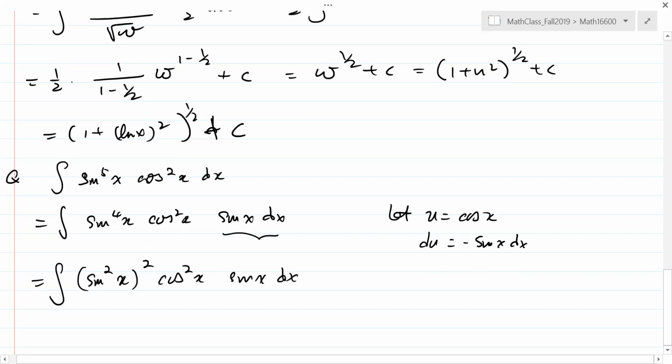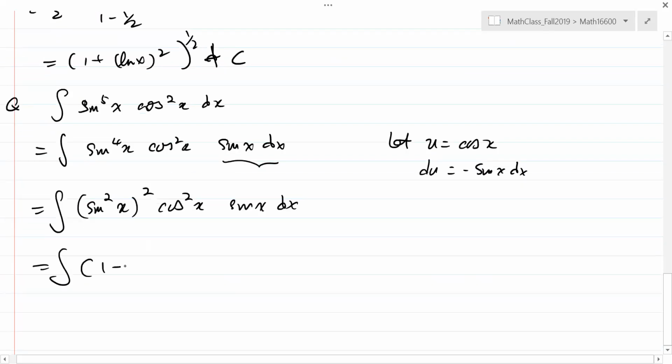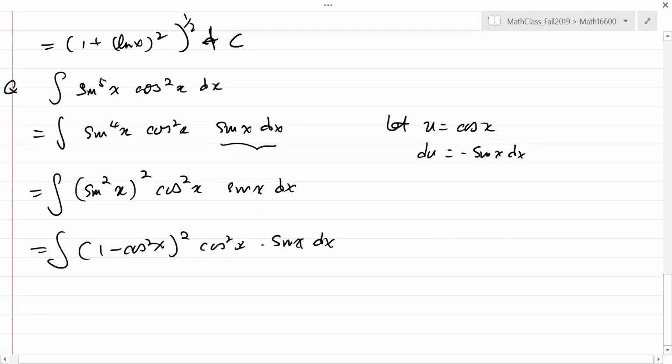And sine squared is 1 minus cosine squared. Okay, so yes, the rest of them can be expressed in terms of cosine x. u is cosine x, so it's going to be the integral of 1 minus u squared, squared, u squared, and then negative du.